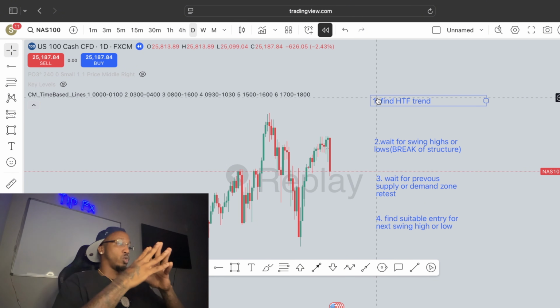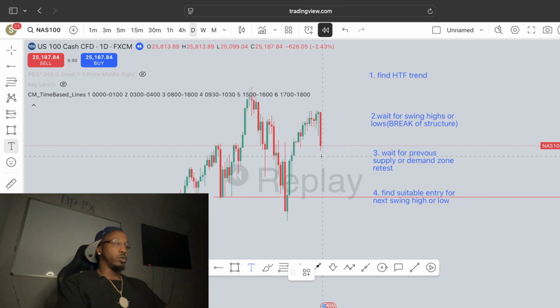Once you find the higher time frame trend, we wait for swing lows or swing highs to be made, or a break of structure. Once we find that break of structure, we wait for the previous supply demand zone to be retested. Then we find a suitable entry for the next swing high or swing low.